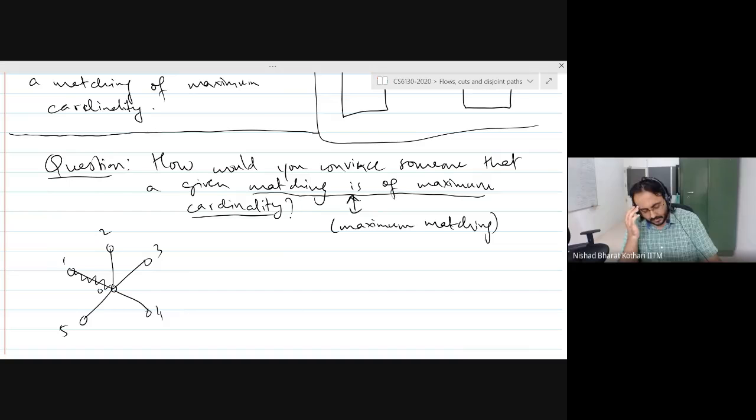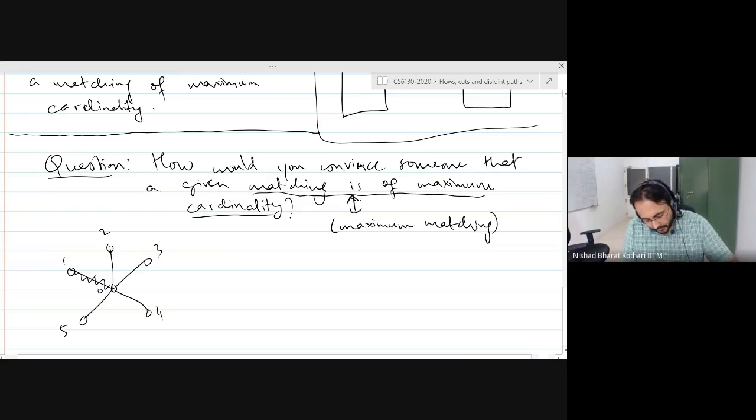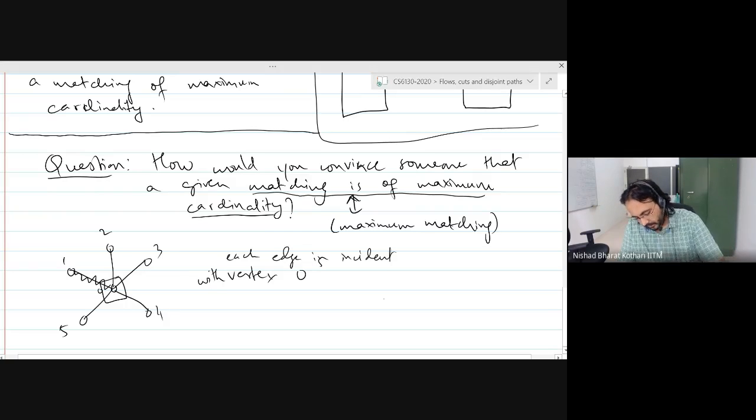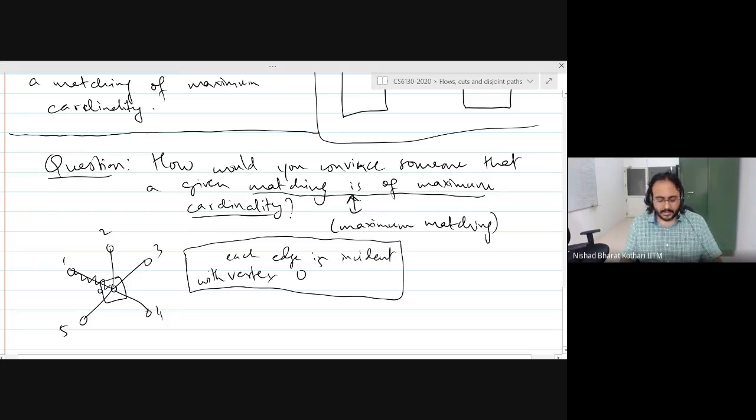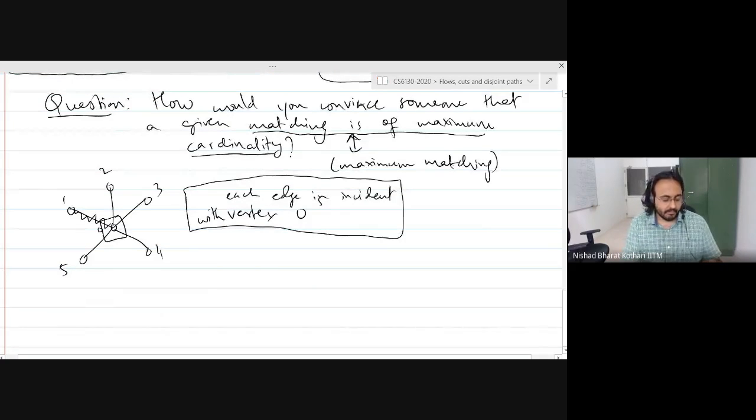Any edge is incident to the central vertex, vertex 0. Exactly. Each edge is incident with vertex 0, and so clearly you cannot find a matching of a bigger size, because the two edges in a matching cannot share any vertex. If everybody uses vertex 0, then you can only choose one of them.